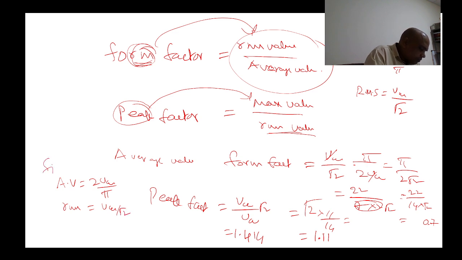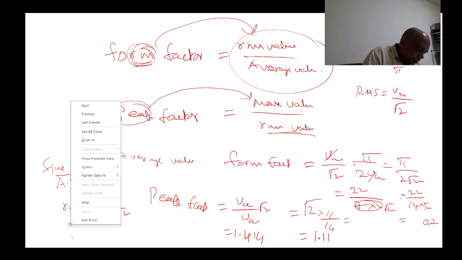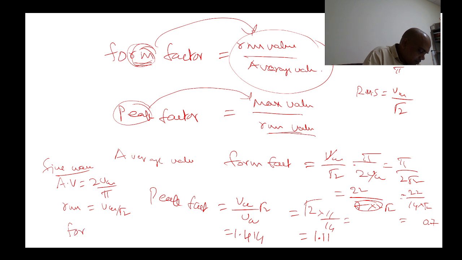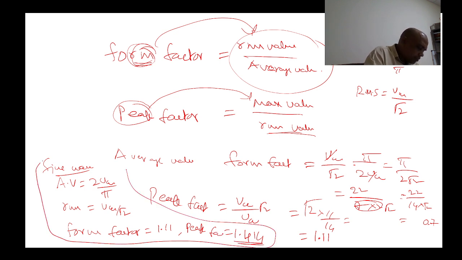This is for a sine wave. The form factor is 1.11 and the peak factor is 1.414. So these are the final conclusions, the important bits.